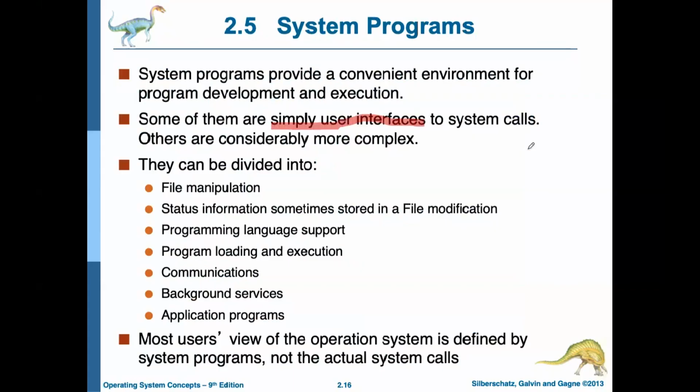They can be divided into file manipulation, status information sometimes stored in a file, file modification, programming language support, program loading and execution, communications, background services, and finally application programs. Most users view the operating system as defined by system programs, not the actual system calls.